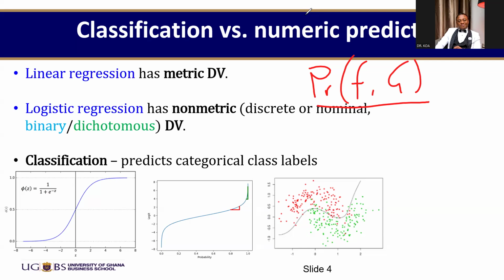But I'm more interested in looking at the probability of having cancer, cancer or no cancer, is a function of genetics. It's a function of genetics, or it's a function of something else. So the probability of having cancer or no cancer is a function of genetics.